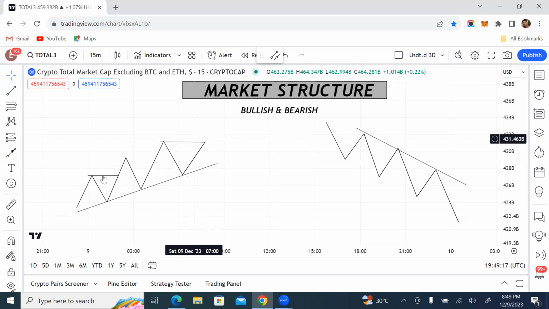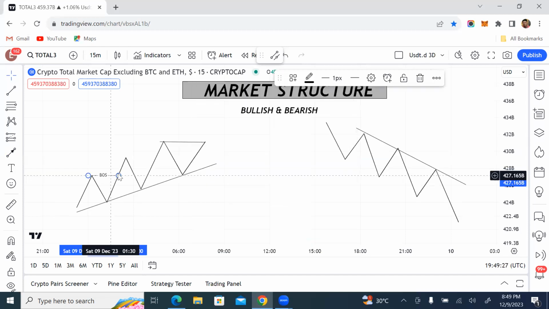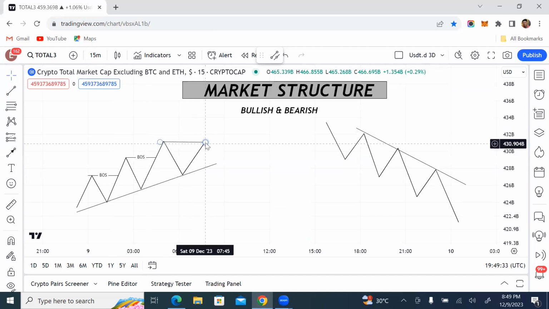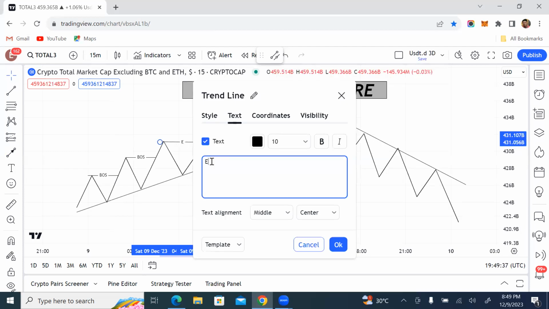So let's put here as our BOS. Let's put this part as EQL, equal highs.